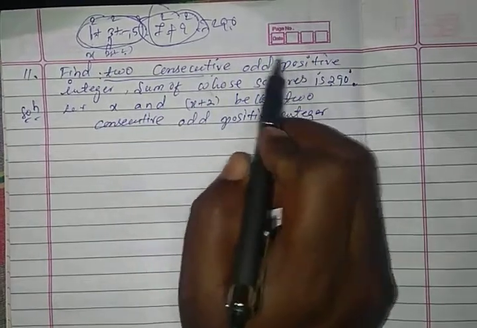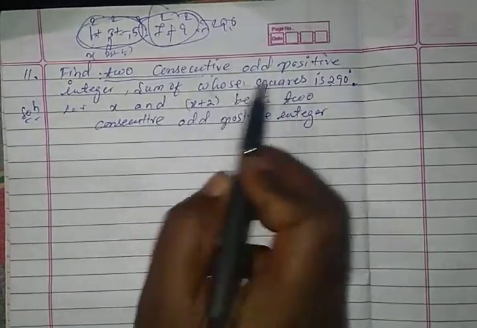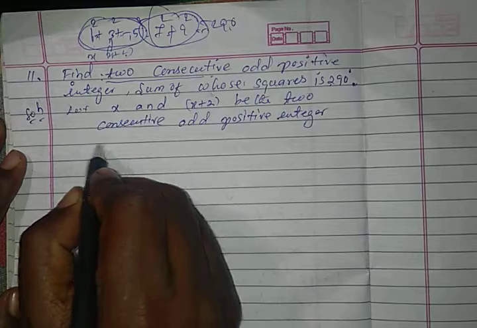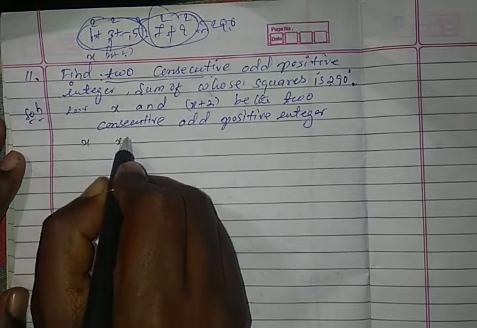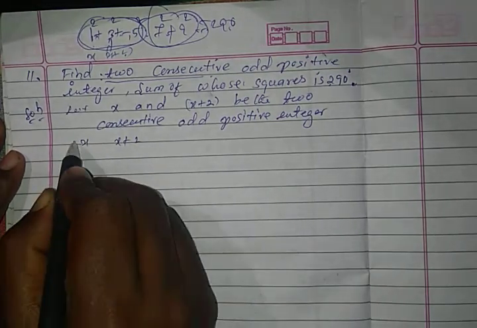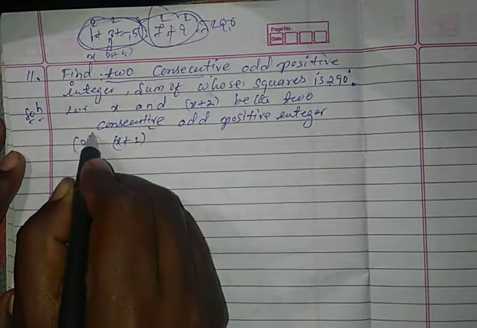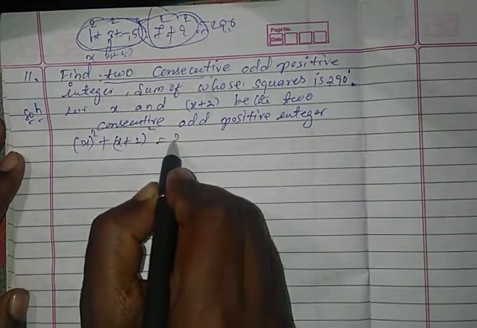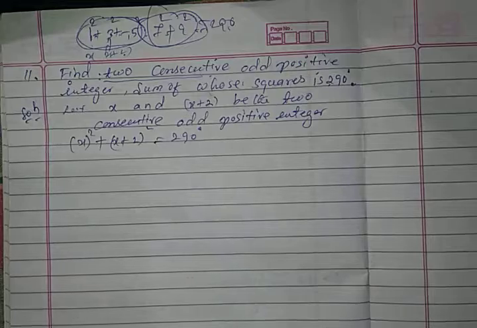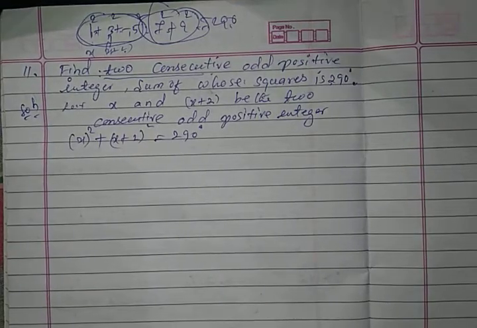Find two consecutive odd positive integers, sum of whose squares is 290. Sum means x and x plus 2 are the two consecutive odd integers, and the sum of their squares is equal to 290. So this is the solution.